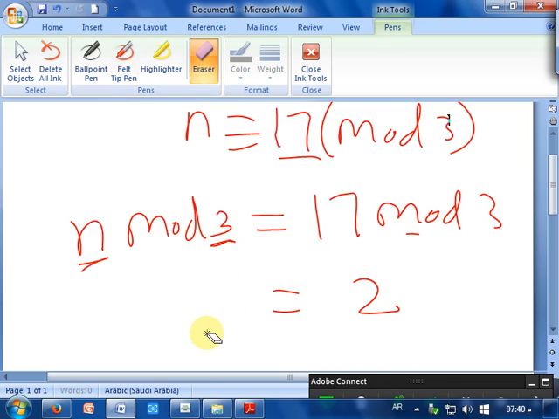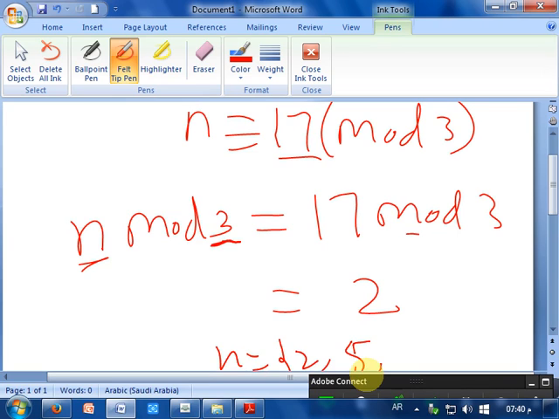So you will have 2 here in the place of n. 3 mod 3 is 0. 4 mod 3 is 1. 5 mod 3 is 2. 6 mod 3, 0. 7 mod 3, 1. 8 mod 3, 2. Then you write 8.